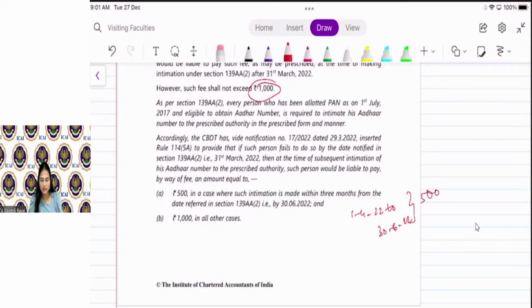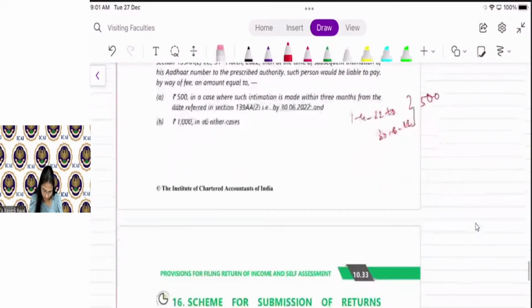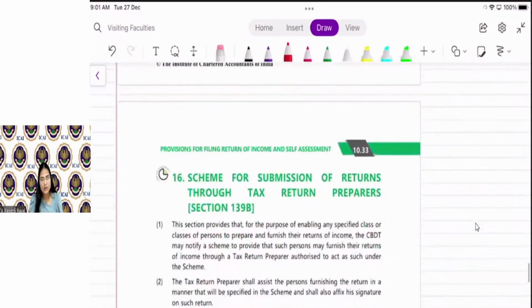Clear, everyone? Up till now, everyone is clear? Yes or no? Anand, Manoj, Alok, Manisha, Bharat, Dhyanish, everyone clear up till now? Yes or no?